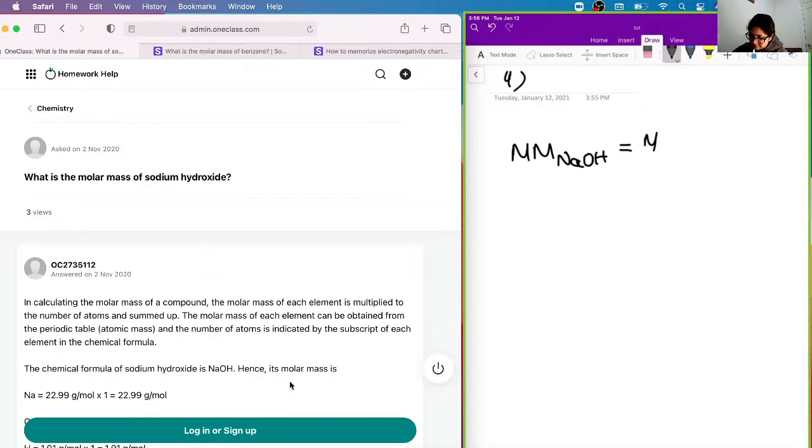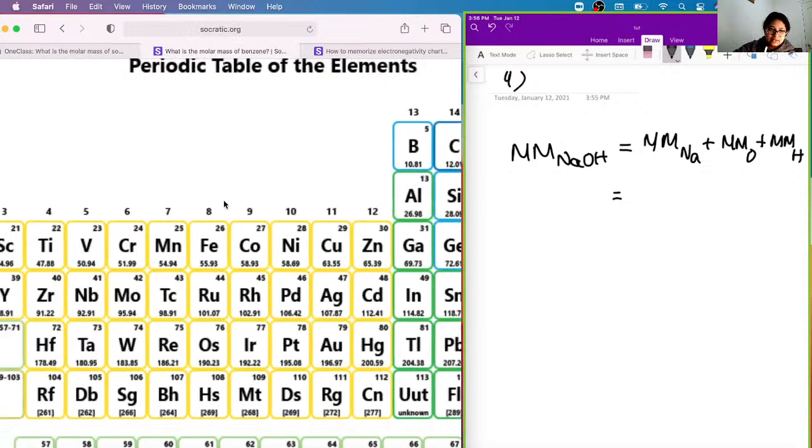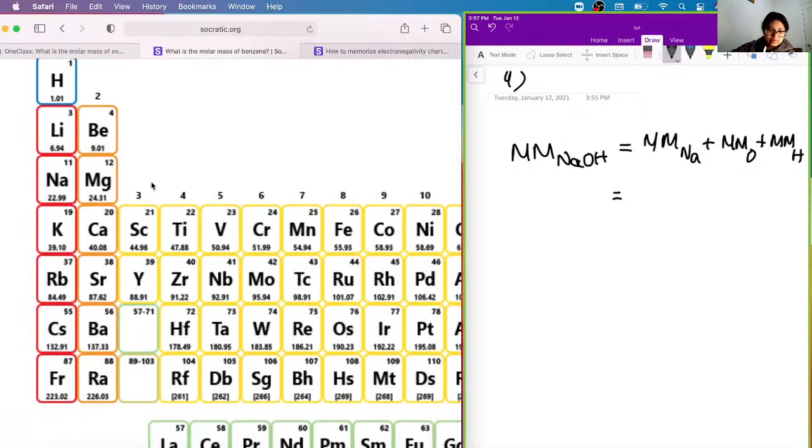In this case, we have the molar mass of sodium plus the molar mass of oxygen plus the molar mass of hydrogen. Right? So we know that the molar mass of sodium, if we look at the periodic table here, is 22.99.